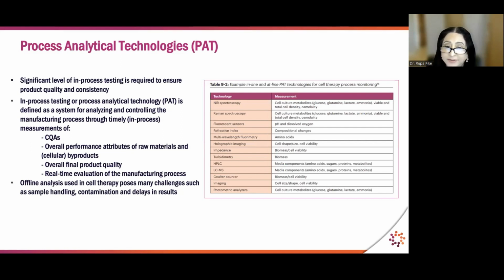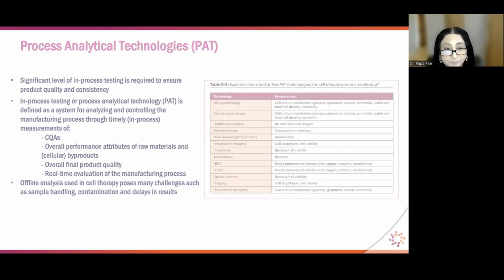So process analytical technologies really help us understand if our process is robust and if it is going to meet the requirements to manufacture the product in a safe and efficacious manner.